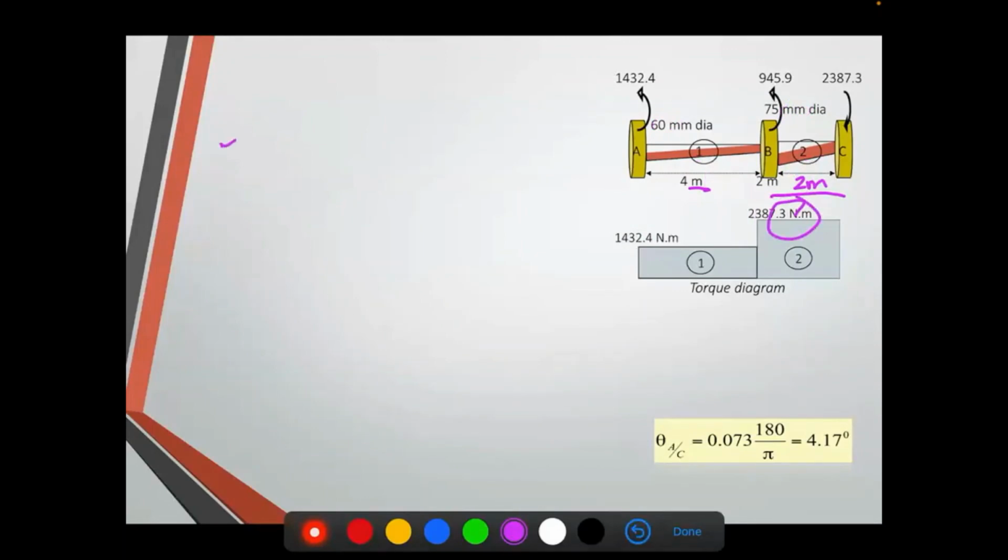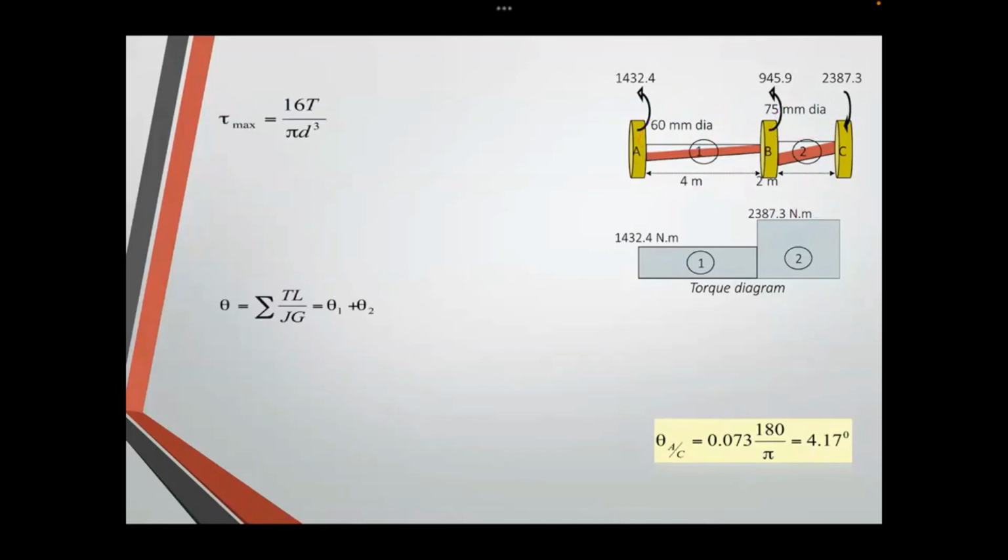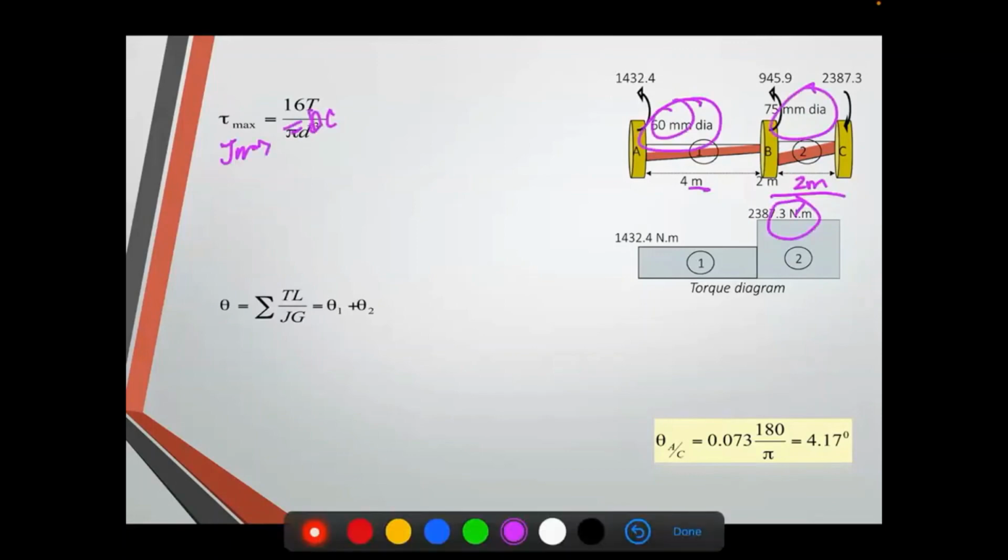Ito yung malaking torque, ang isosolve ko lang is yung Tmax ng BC? Since hindi sila the same yung diameter, meron pa tayong isang variable na need na i-consider. Ang ating equation is 16T over pi d cube. Now, since we have different diameter, of course, that's another variable to consider since you will have an effect dun sa equation natin. So, we cannot just assume that the maximum shear stress would be at BC dahil lang mas malaki yung torque sa BC.